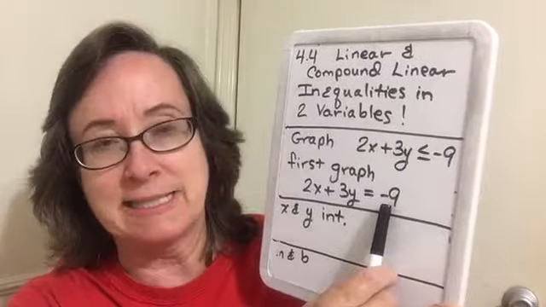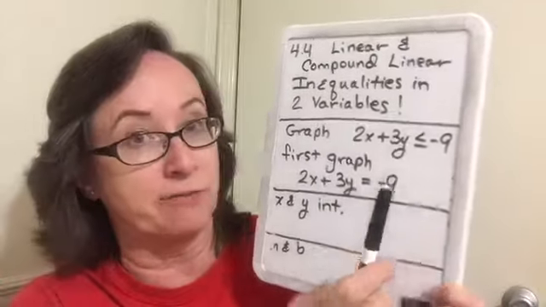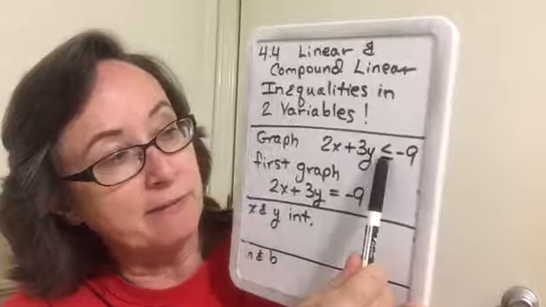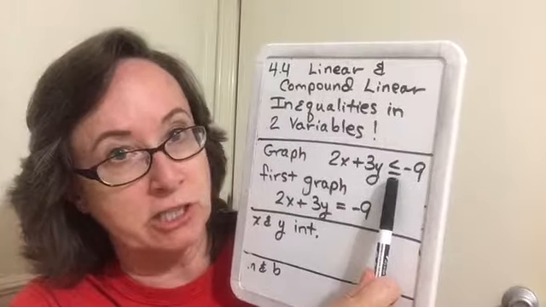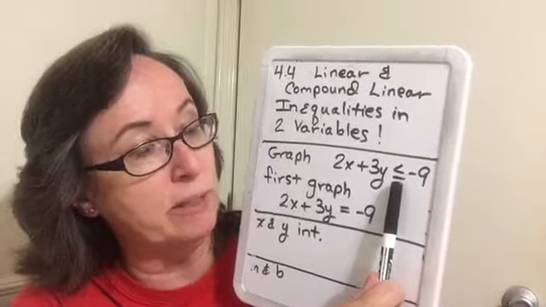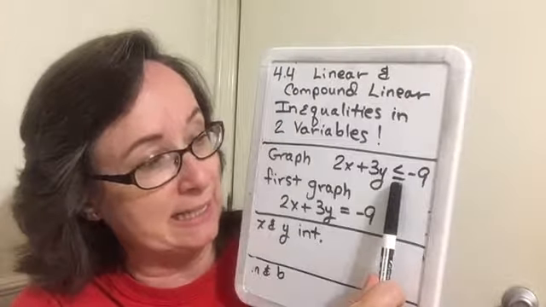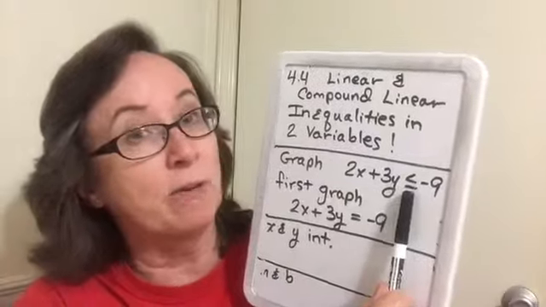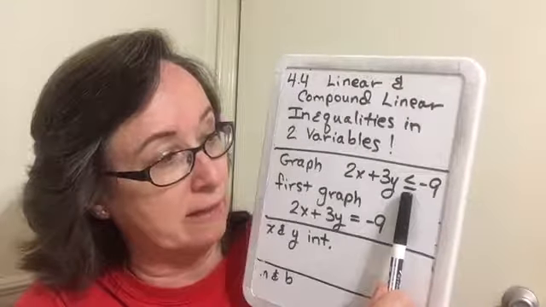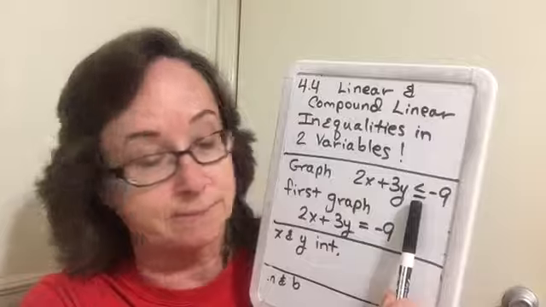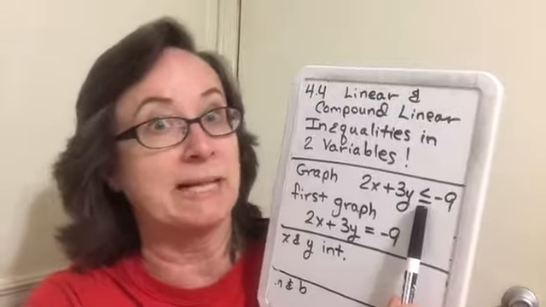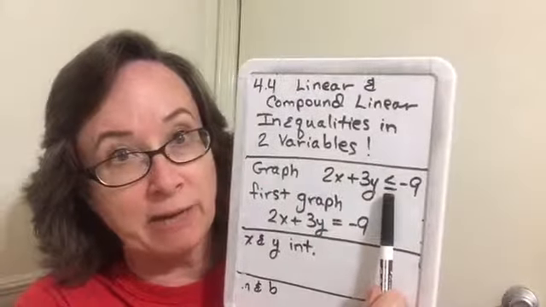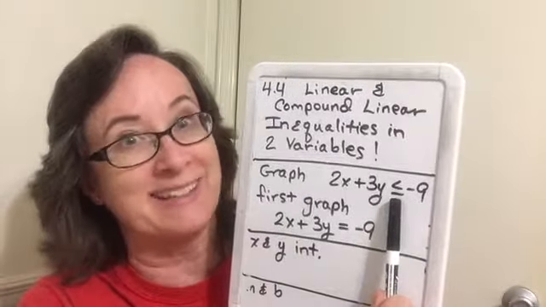So basically, the steps for graphing an inequality is to first graph the boundary line here. If this expression, less than or equal to, has an equal sign in it, which it does, then our line will be solid. If it only has a less than or a greater than, then our line will be dashed. So we have to decide what kind of boundary line we're going to have. If there's a little equal there, it means that the line itself is part of the solution.